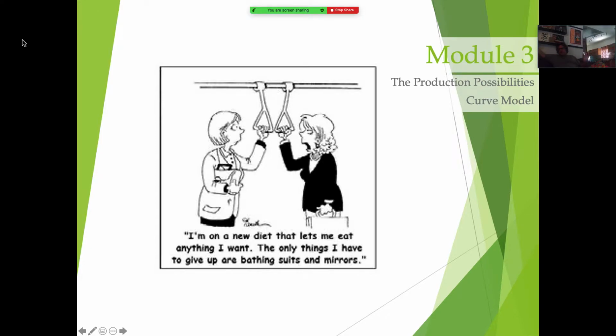You can see from the cartoon the trade-offs that these ladies are going through, okay? So basically what the production possibilities curve does is it represents the concept of trade-offs and opportunity costs through a graph, right? It uses a model to show those concepts.